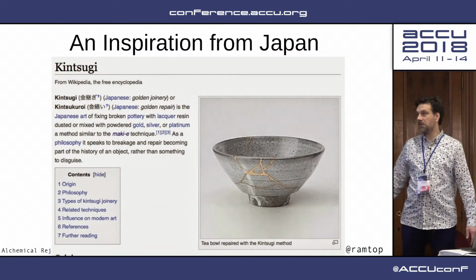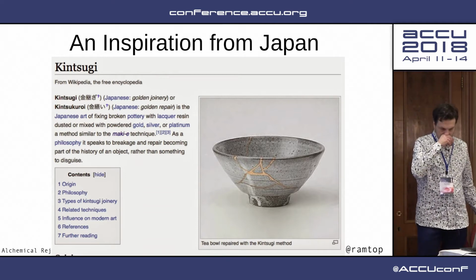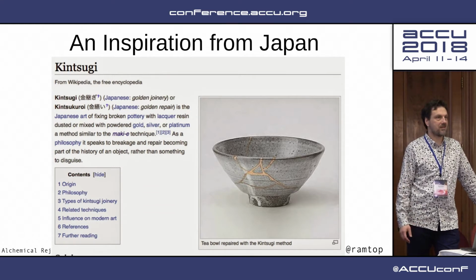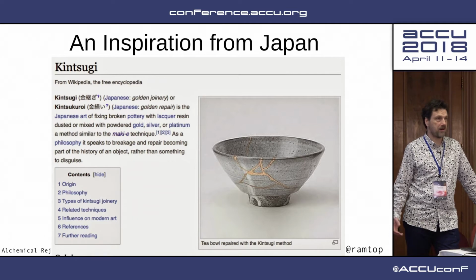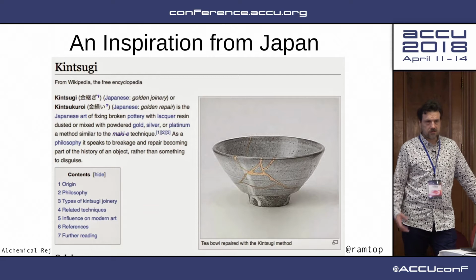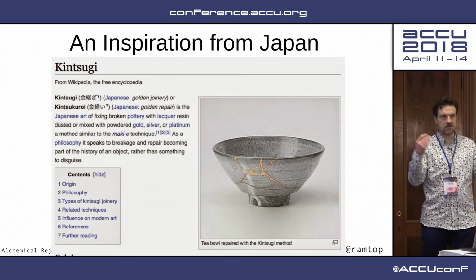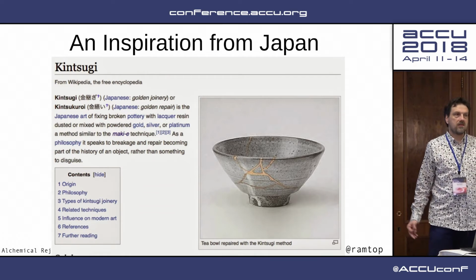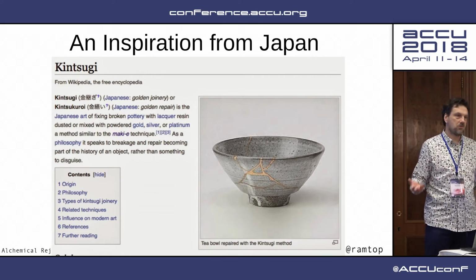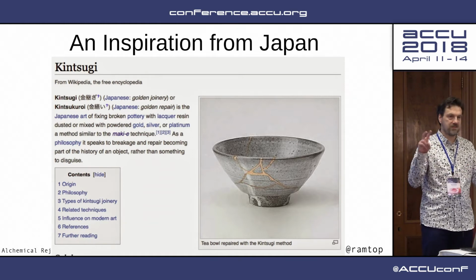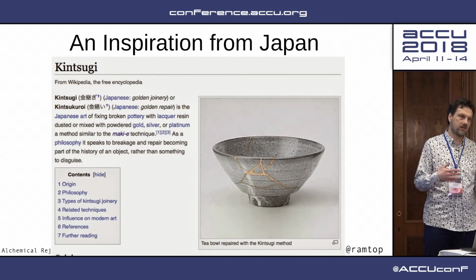So what are we going to do? When I went to Japan, I found a very interesting tradition called kintsugi. The idea is that you have a precious object that, for any reason, got broken. You can throw it away, or you can try to fix it in a kind of invisible way that is never really invisible.